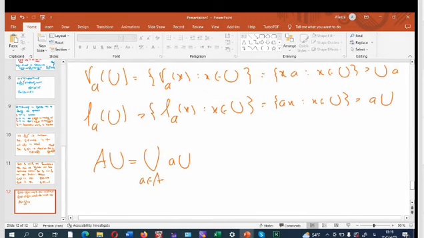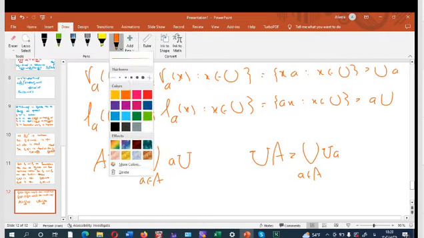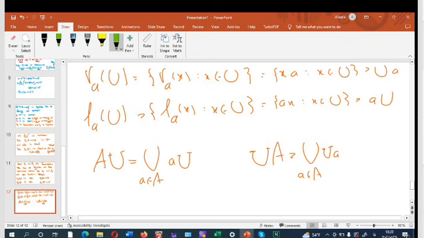Okay? And UA equal to the union of all UA, A belongs to A. Now we know that all of these are open sets, so this union must be open.